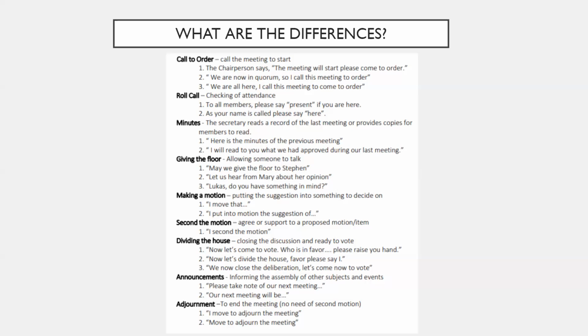Call to order means the chairperson will say something like good morning to everybody, or good morning all ladies and gentlemen, the meeting will start, please come to order, meaning he's signaling that the meeting will start.